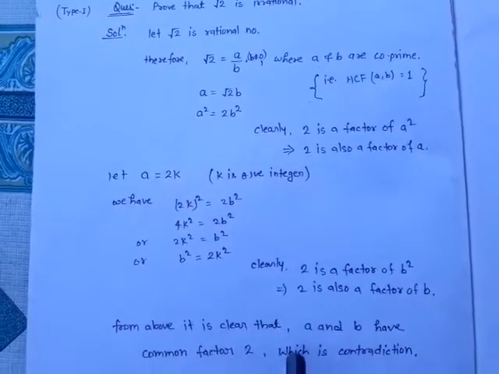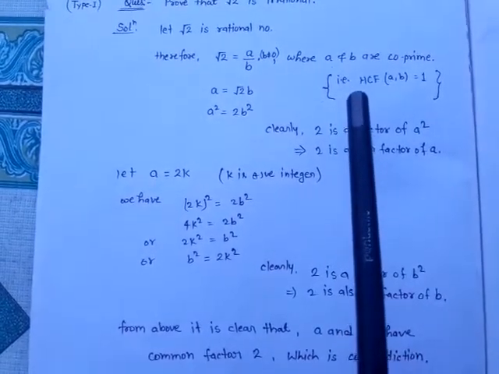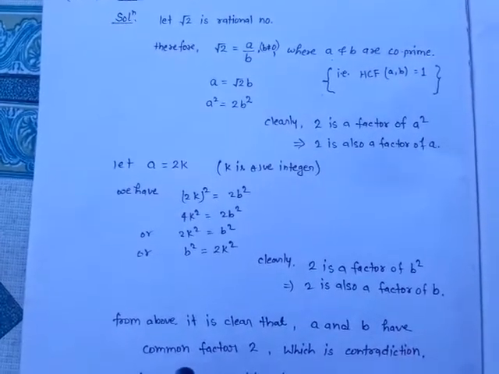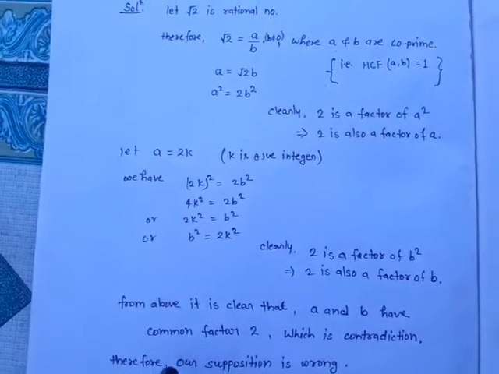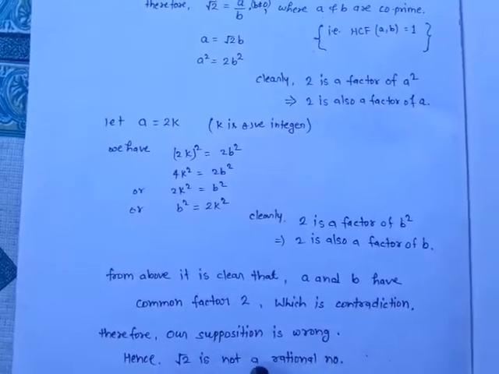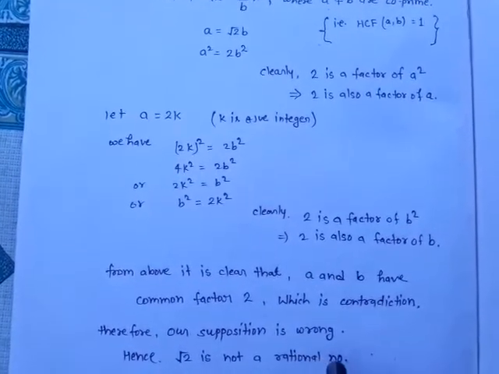That is a contradiction, because a and b have only common factor 1 since we assumed co-prime, but we get a and b have common factor 2. So our supposition is wrong. Therefore, root 2 is not a rational number. That means root 2 is an irrational number.